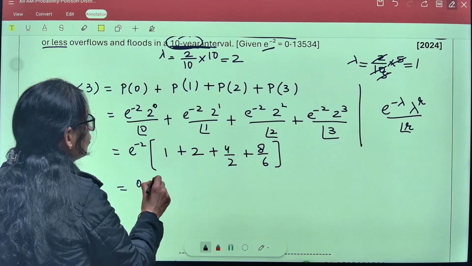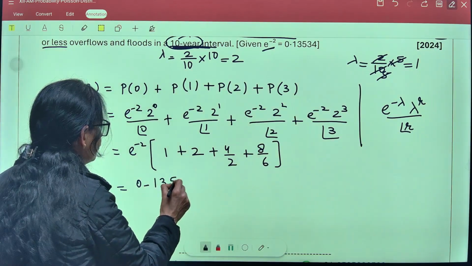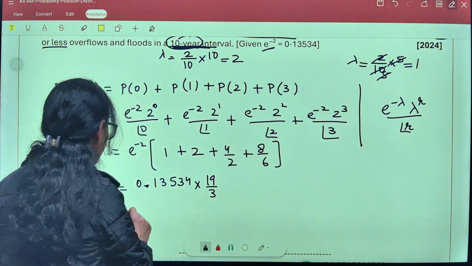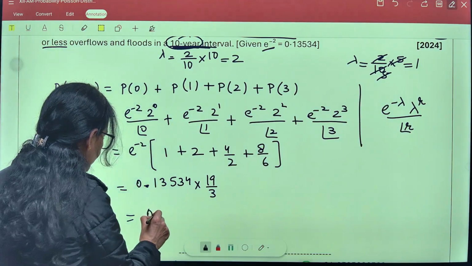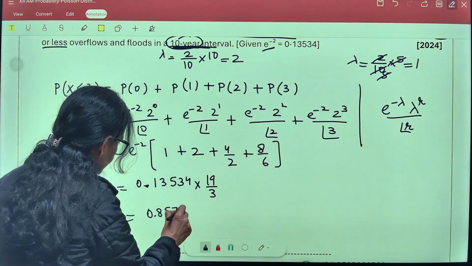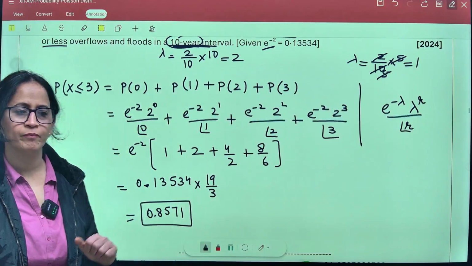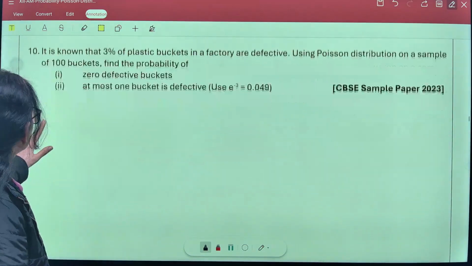Let's put the value of e raised to power minus 2, 0.13534 into 19 by 3, and after doing the calculation you get your answer as 0.8571. Understood? Great. So let's move to the next question.